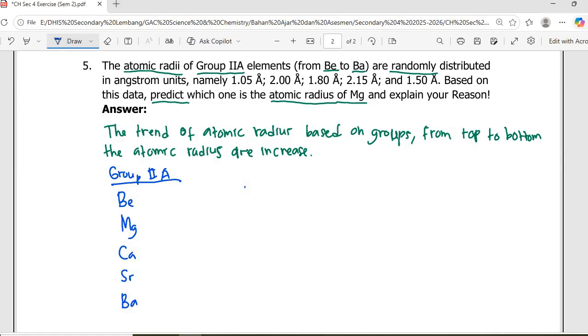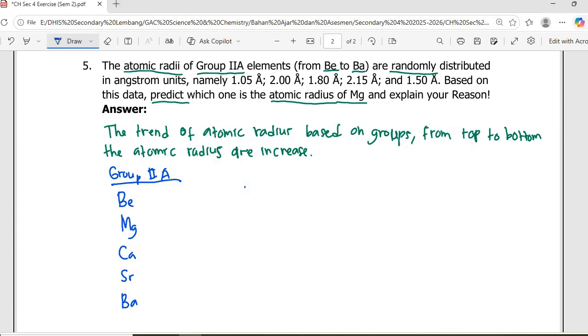Actually there is also radium below barium, but because the question only gives group 2 elements from beryllium until barium, we just put 5 elements here.